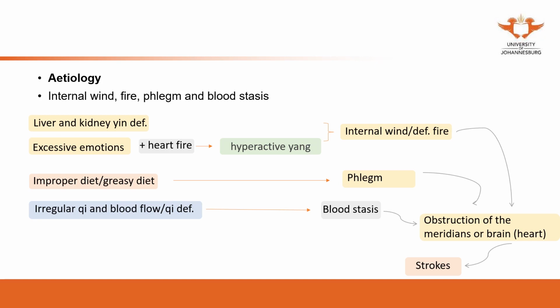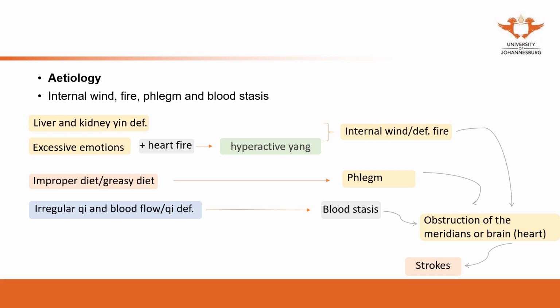Although the treatment principle will be activating the qi and blood, how do we do that? It is very important to understand the etiology, the causes. Once you understand the etiology, you can also advise the patient how to prevent a second stroke.